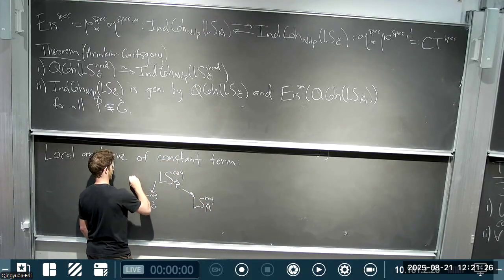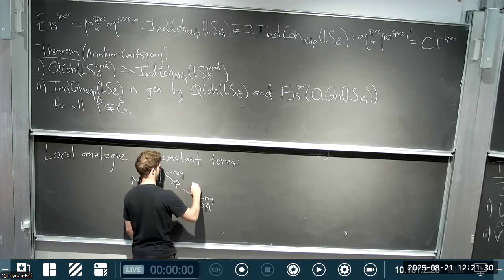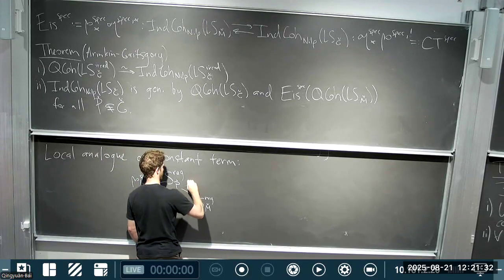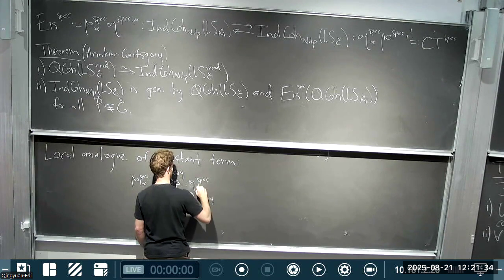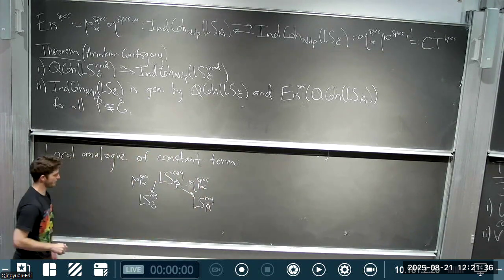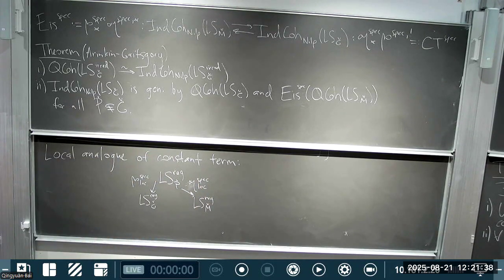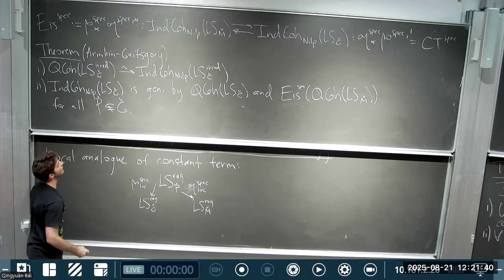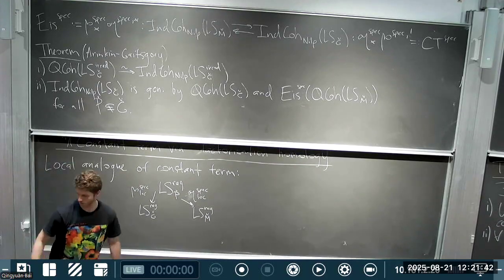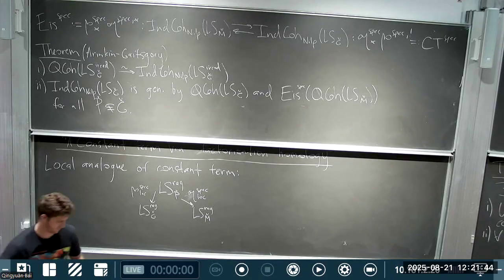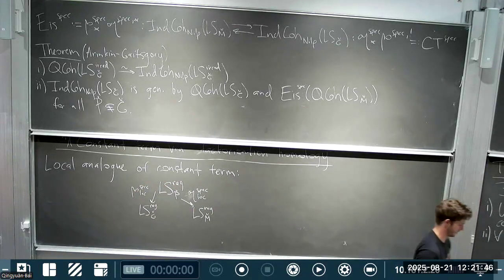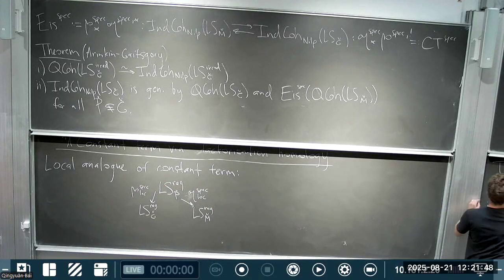I'll call these P-spec-loc and Q-spec-loc. These are smooth, so there's nothing about quasi-coherent versus ind-coherent here.